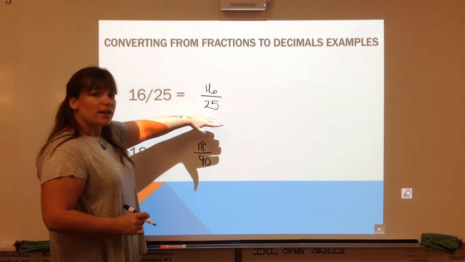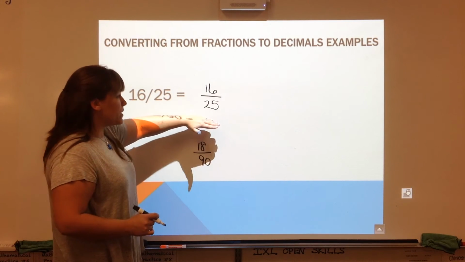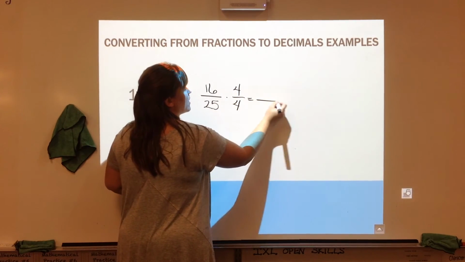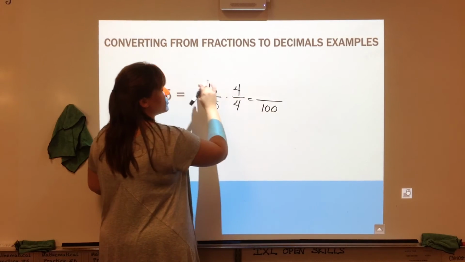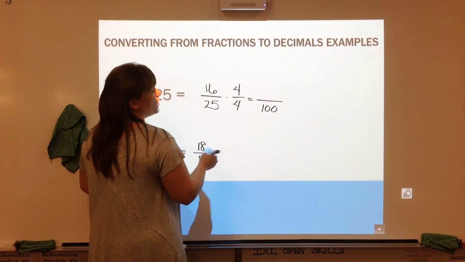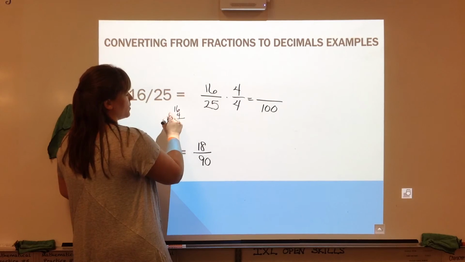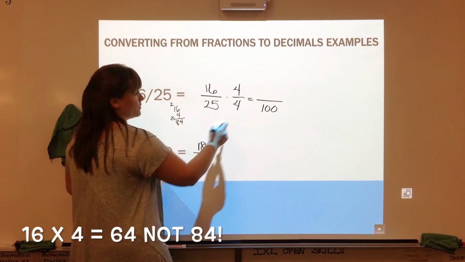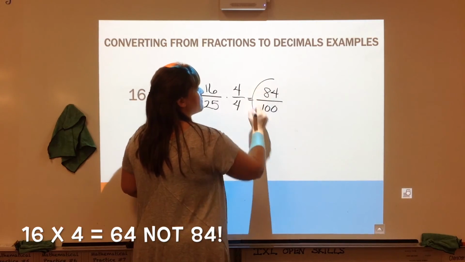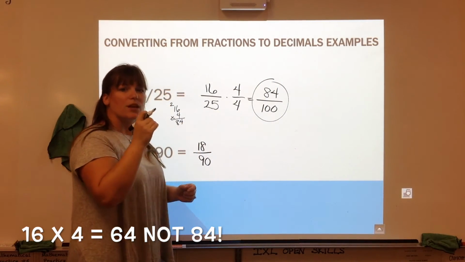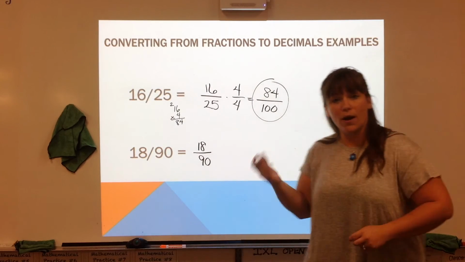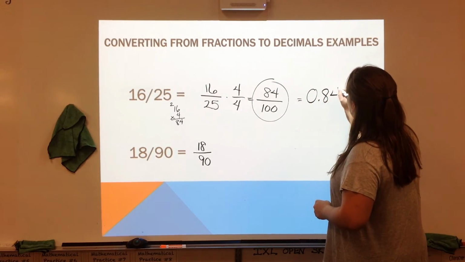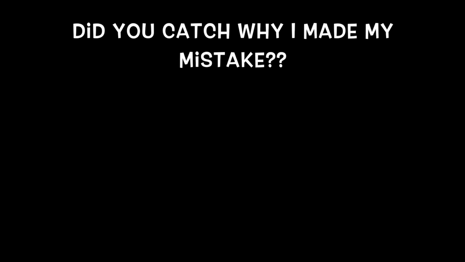My goal is to try to get this to be a 10 or 100. If I know my facts, 4 times 25 is 100. So 16 times 4 would be, if you didn't know it, scratch it out here, 24 and 84. So 84 hundredths tells us the place value place to go out to. And so this will be 0.84.